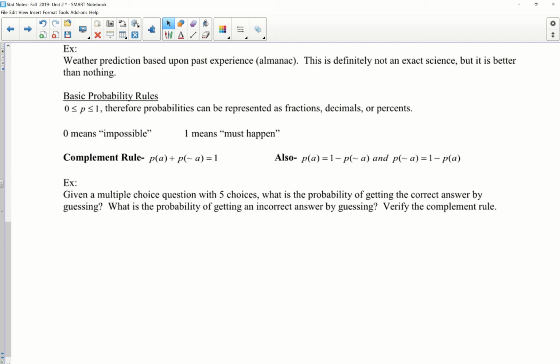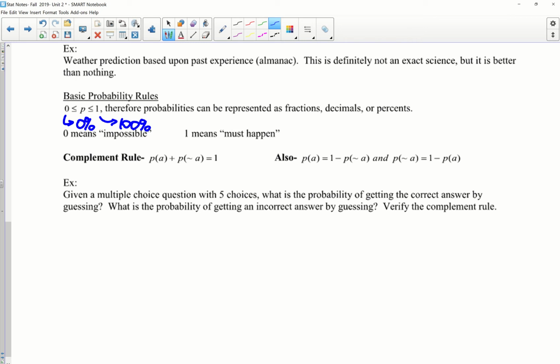So if you look at these in terms of percentages, I think it makes more sense. But we're going to work with them as decimals. So this is the same as 0%. And this one is the same as 100%. All right.